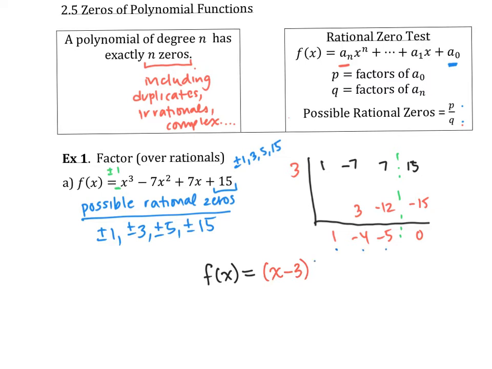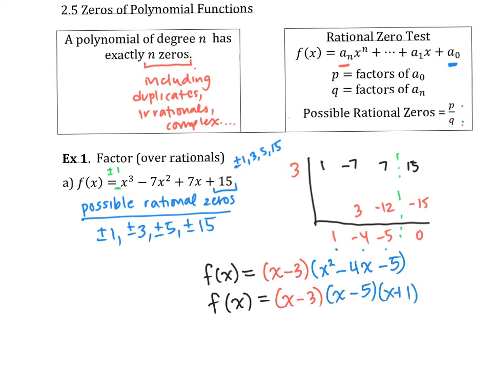If I translate that back into a polynomial, that's x squared minus 4x minus 5. Then it tells me to factor over the rationals, so if I can factor more, I'm going to keep going. So I still have the x minus 3. Well, 5 and 1. So x minus 5 and x plus 1. This is completely factored now. It's degree 3. I got it all the way to 3 factors.